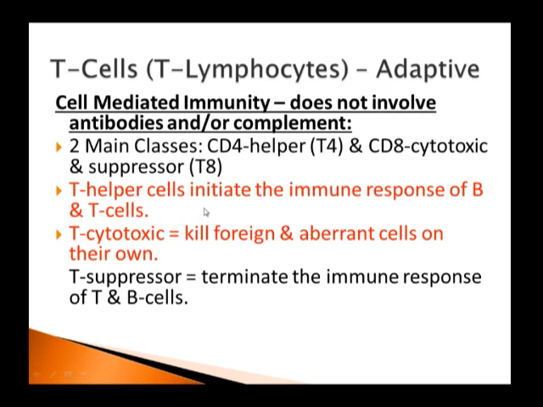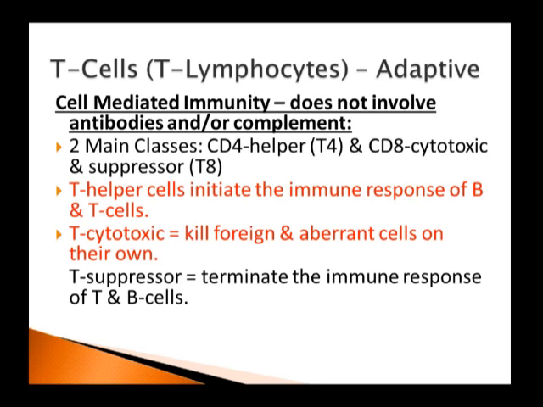Now, T cells are also part of the adaptive immune system, and they fall under the category of what's called cell-mediated immunity. There are 2 classes, CD4 and CD8. The CD4 are called the helper cells, and the CD8 are called the cytotoxic and suppressor cells. We'll get more into that shortly.